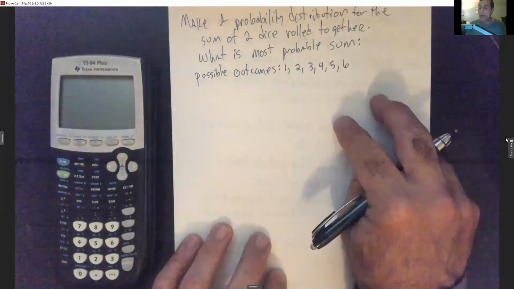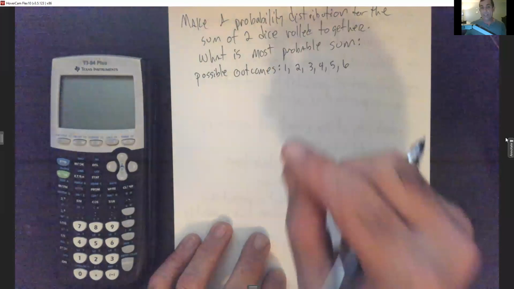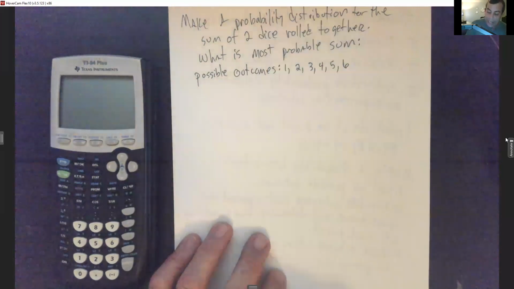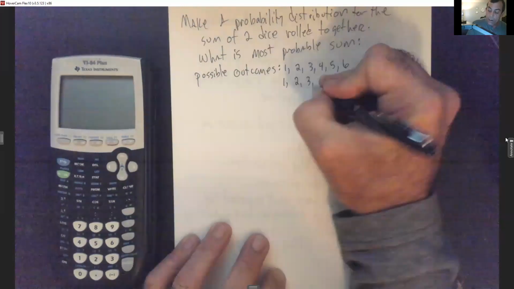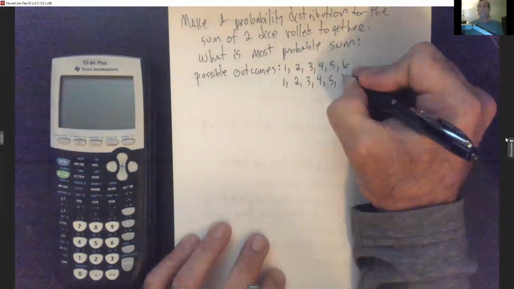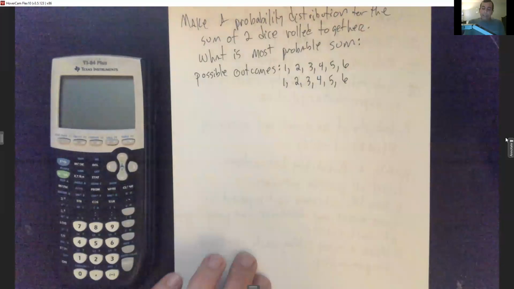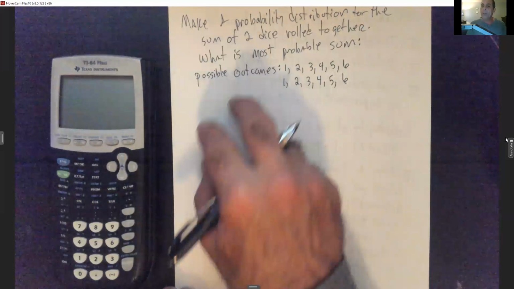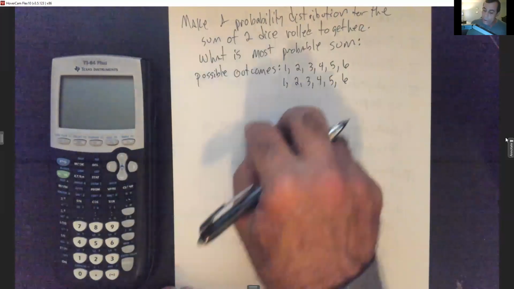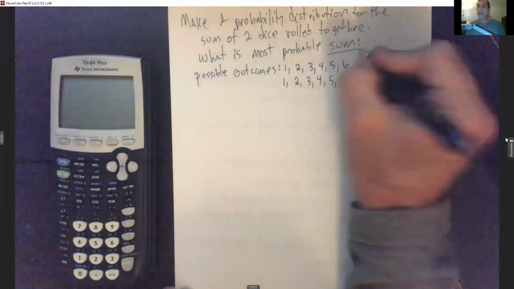So that's the possible outcomes that could happen from each dice. And the same thing with the other dice. You can get a 1, a 2, a 3, a 4, a 5, or a 6. So what we're going to do now is figure out all the possible outcomes, and what they add up to, because we're looking for the sums of the 2 dice.